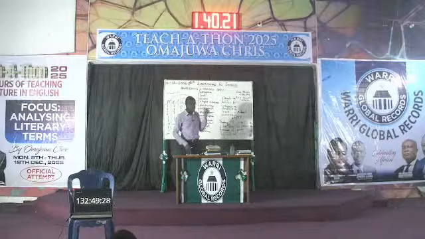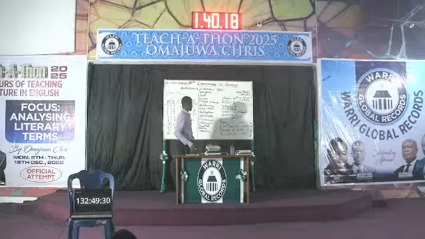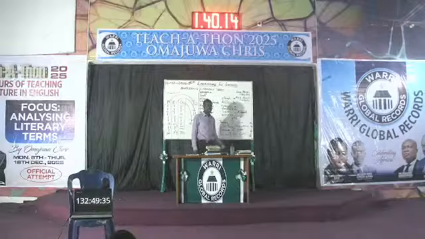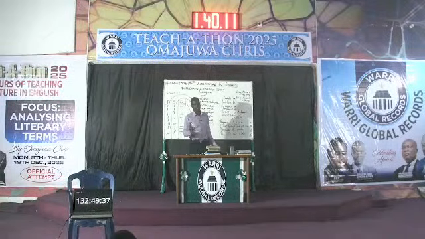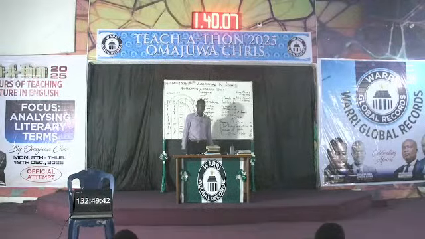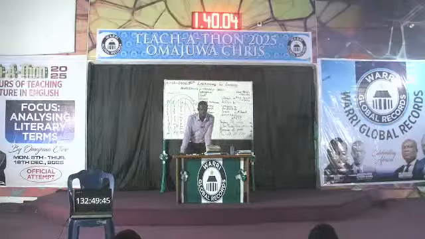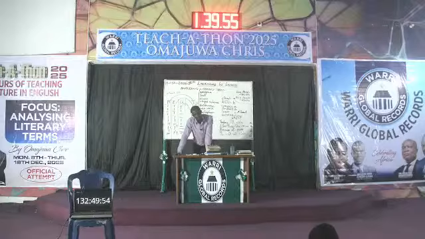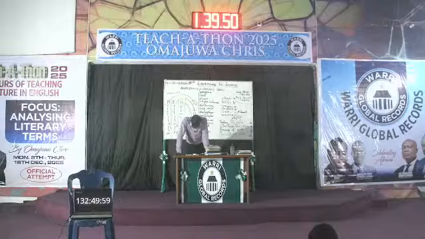Is that clear? 2 feet dimeter, 3 feet trimeter, 4 feet tetrameter, 5 feet pentameter, 6 feet hexameter, 7 feet heptameter, 8 feet octameter, 9 feet nonameter, 10 feet decameter. Take note of those ones. So that's a foot.